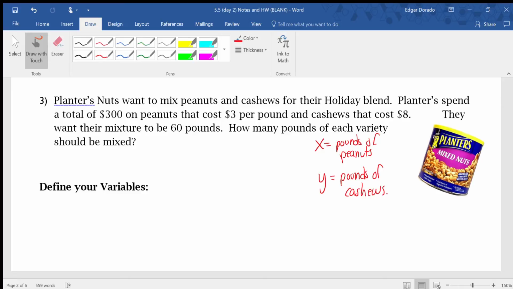So again, just like before, let's go ahead and see if we can identify which 3 numbers should be in the same equation. So let's look at clues around the numbers to verify if we can find what units they're given. So the first number I see here is 300, and it's dollars. Okay. This right here is $3.